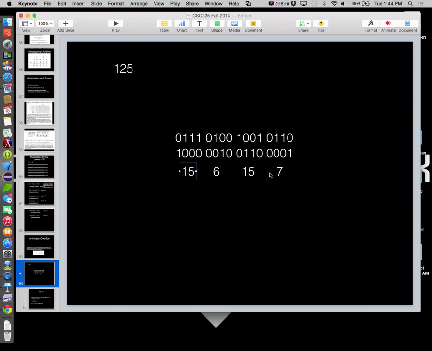Okay, so the 7 stays by itself, correct? Okay, now we're at 15. So what do we record here? How many times we're doing base 10, correct? How many times does 10 go into 15? We give ourselves a remainder.